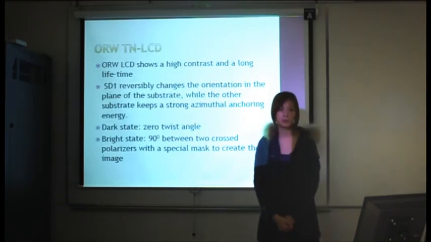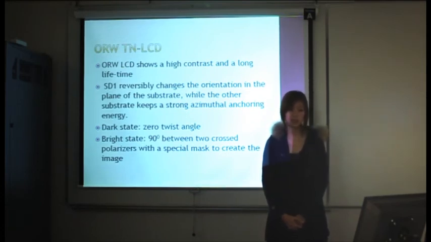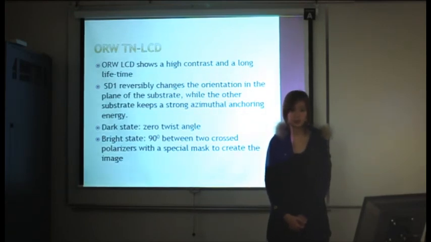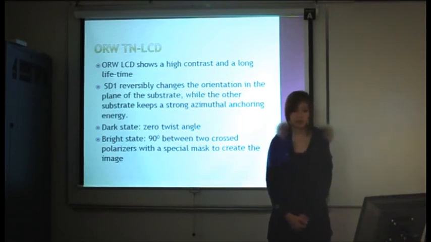The last example is the ORW TN LCD. Optical rewritable TN LCD shows a high contrast and a long lifetime. SD1 can reversibly change the orientation in the plane of the substrate, while the other substrate keeps a strong azimuthal anchoring energy.